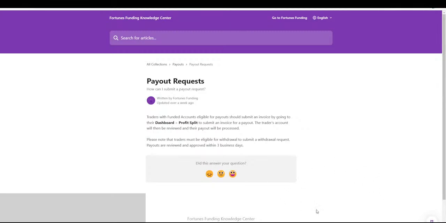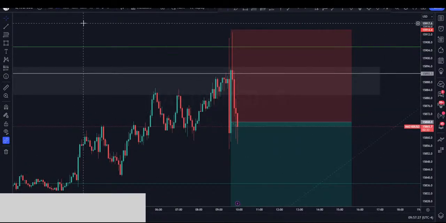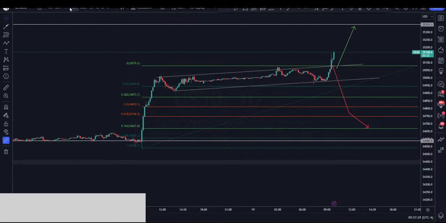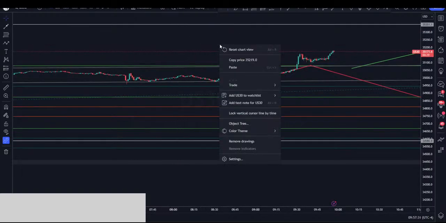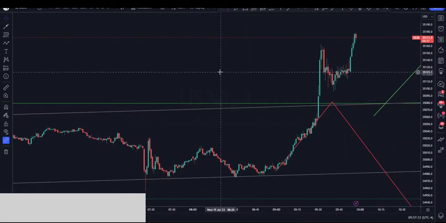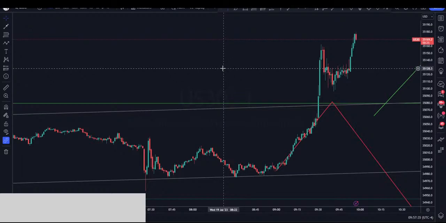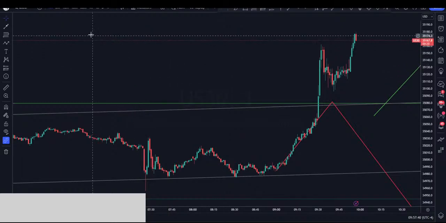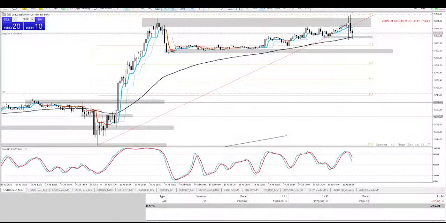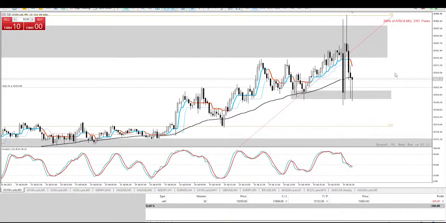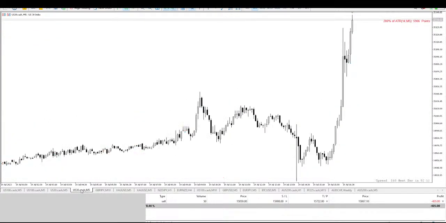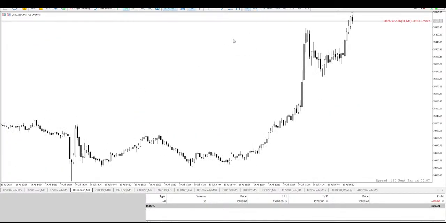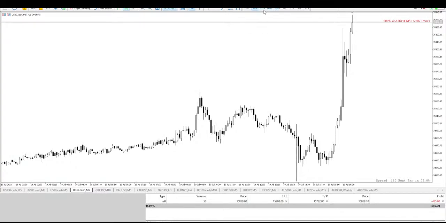Oh, you're taking shorts on US30. Let's see. Sorry, you're shorting US30 right now? Oh, okay. Anything can happen there, man.